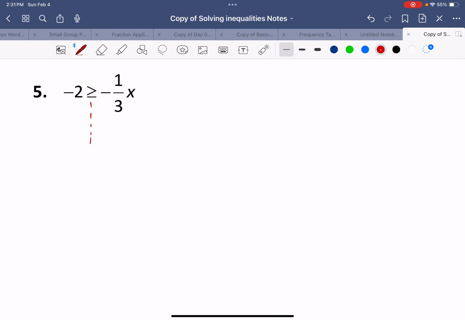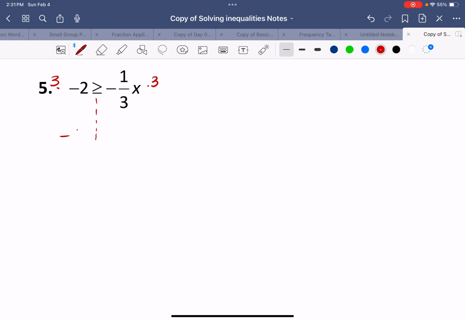And when I'm looking at the side with my x right here, I want to get that -1/3 away from it. Well, there are 2 different ways I can solve it. I can either divide by -1/3, or I can split this up a little bit and multiply by 3 first on both sides, okay?